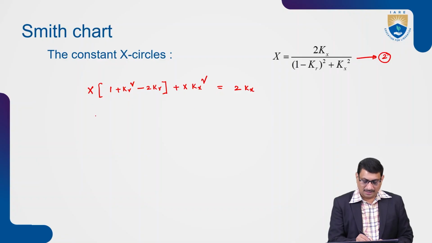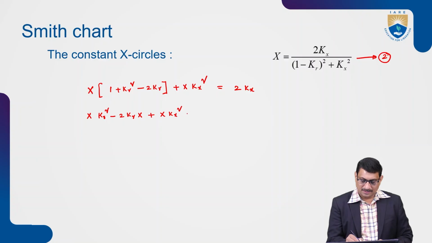Or I will write all the kr square terms at one place: x into kr square minus 2kr into x, and plus x into kx square minus 2kx.